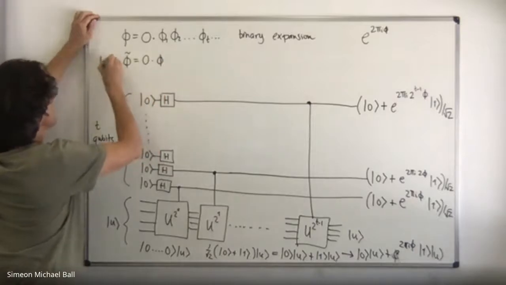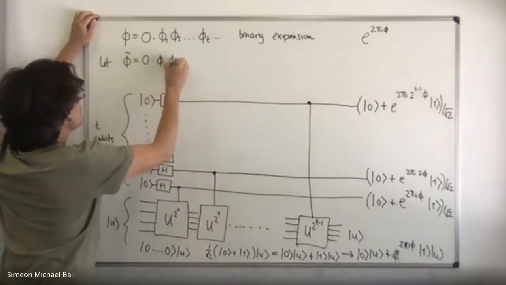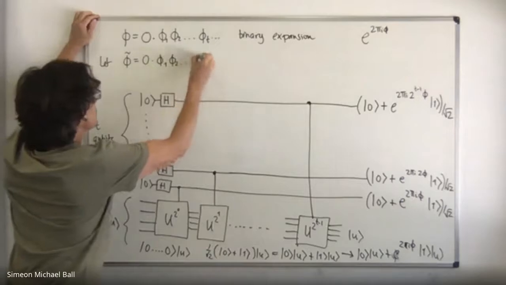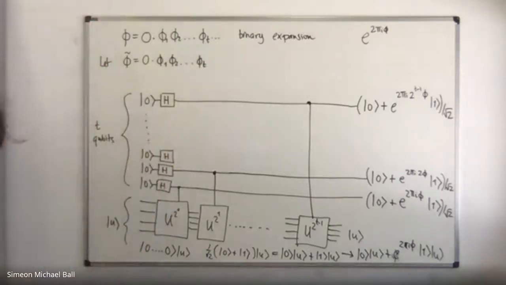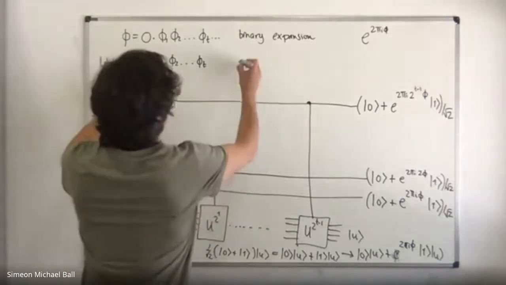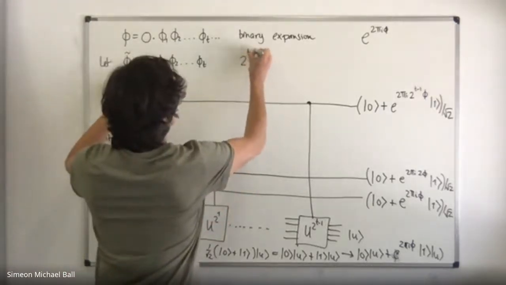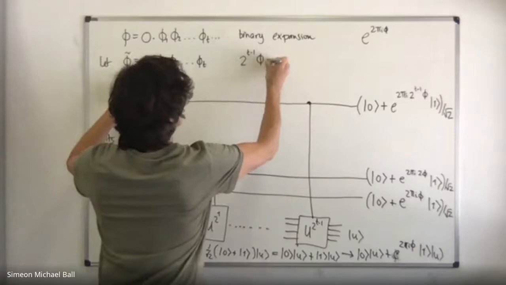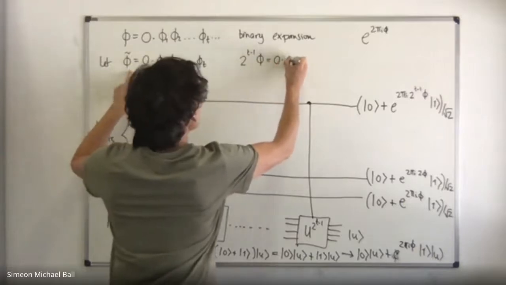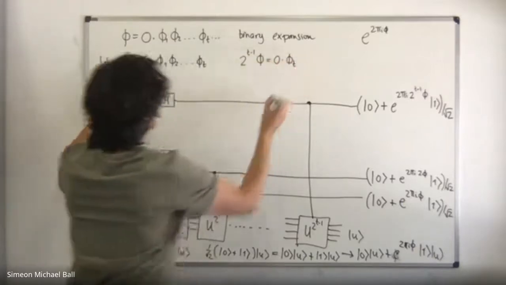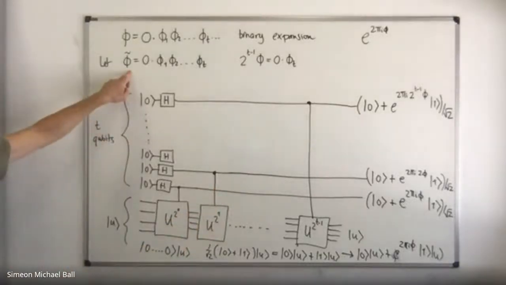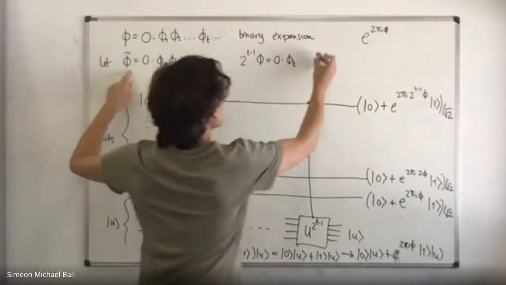So 2 to the t minus 1 times this phi is 0.52, modulo Z, if you like, up to integer.